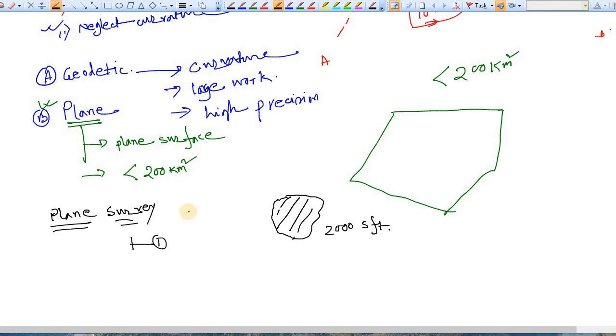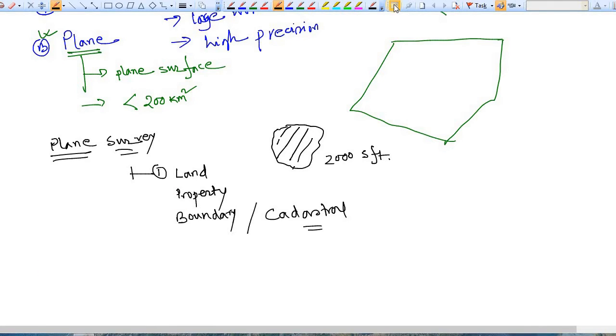This type of surveying is known as either land survey or property survey, or you can say this is boundary survey, or you can also say that this is cadastral survey.